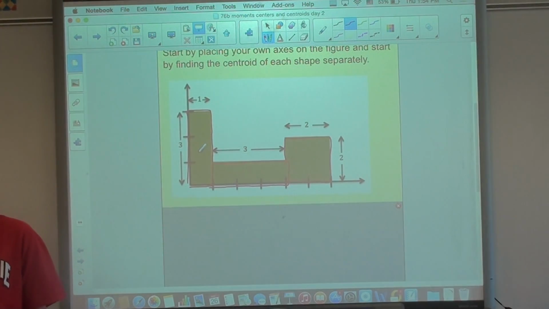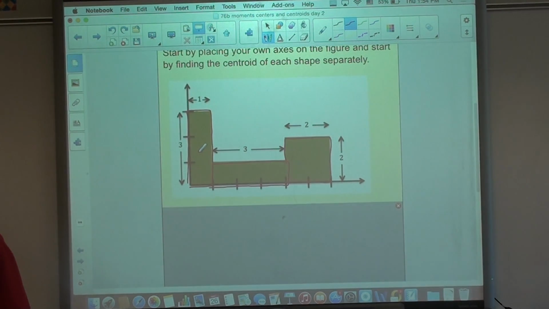Remember when we were talking mass for planar lamina, mass is density times area. If the density is uniform, is the density relevant for finding the centroid? No. So, for all the masses, we've just been using the area, right? So same thing goes here.